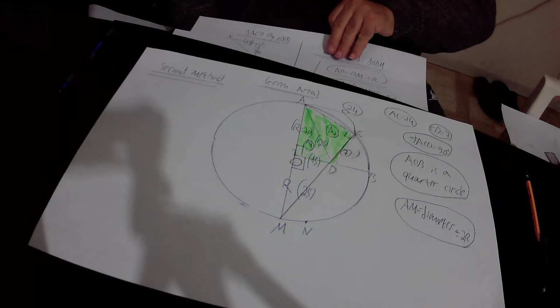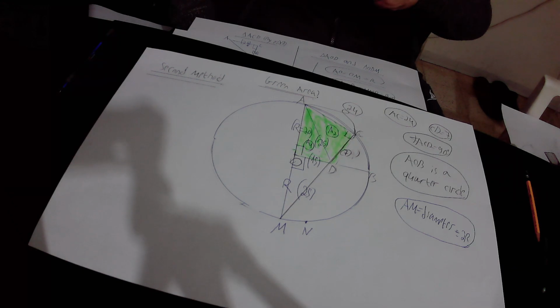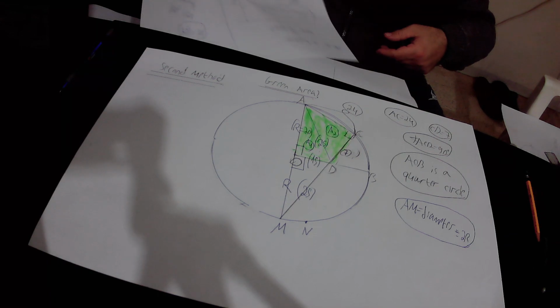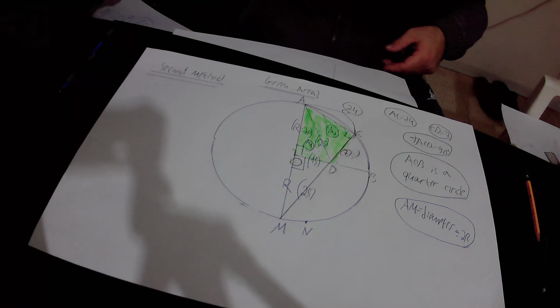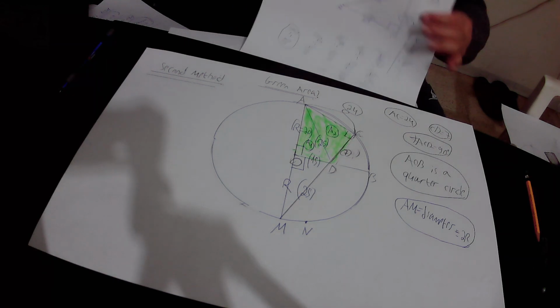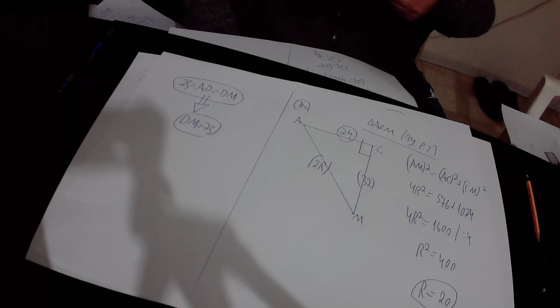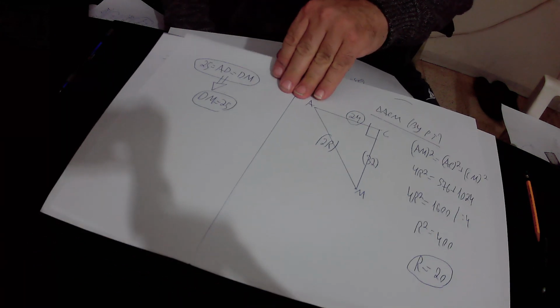So we actually proved that those two right triangles are congruent according to the side angle side rule, and from the fact that those two triangles are congruent, we derive that AD equals DM, according to the rule that corresponding sides in congruent triangles are equal to each other.